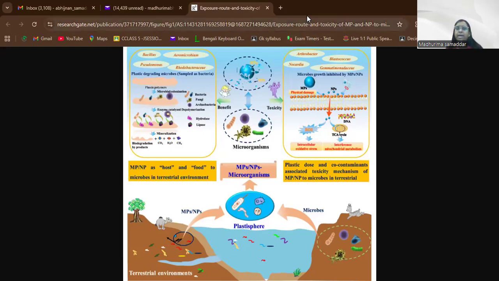So that is a major problem for our environment, and we have to take care that we reduce the microplastic and nanoplastic in the environment, which is a major problem for us and for all living organisms. It can cause a major threat for the environment.